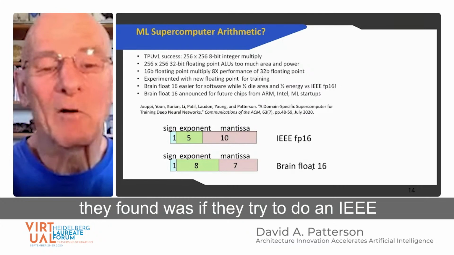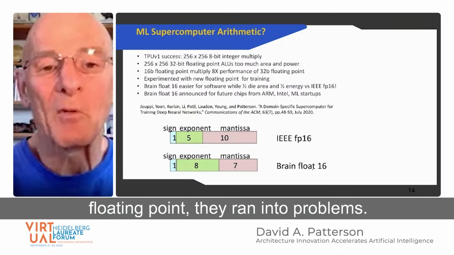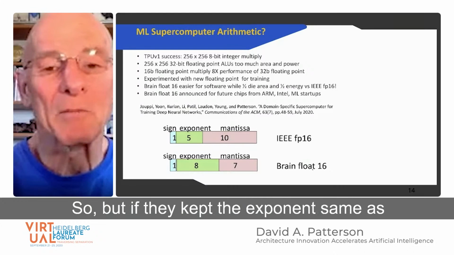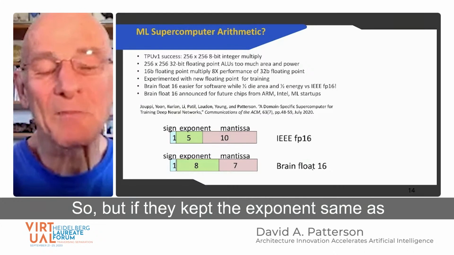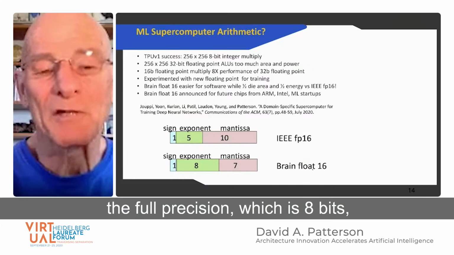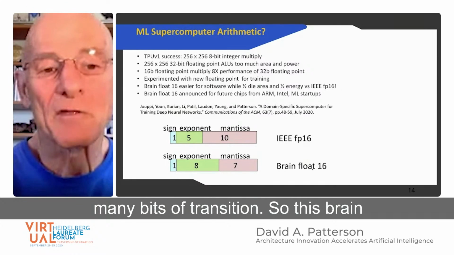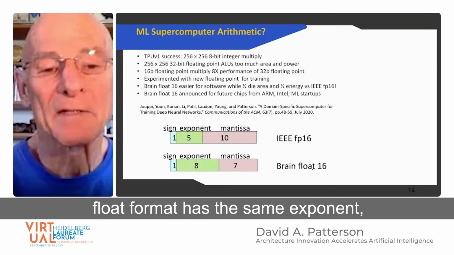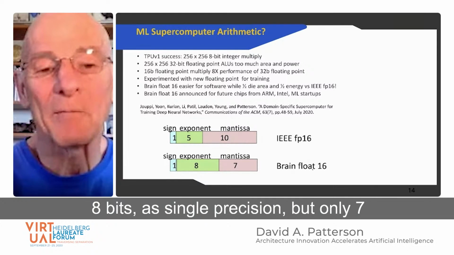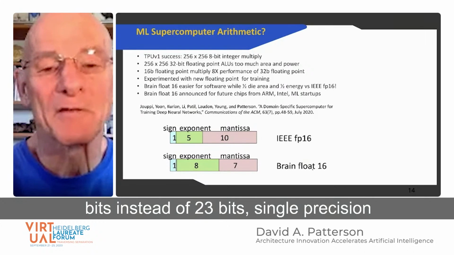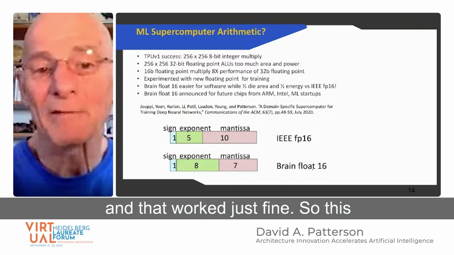So what they found was, if they tried to use IEEE floating point, they ran into problems. But if they kept the exponent the same as the full precision, which is 8 bits, they didn't. But they didn't need very many bits of mantissa. So this brain float format has the same exponent, 8 bits, as single precision, but only 7 bits instead of 23 bits for single precision, and that worked just fine.